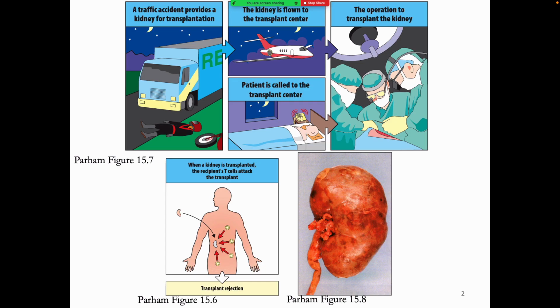So this is an image depicting a transplant scenario. We've got a patient who has usually some type of chronic disease where they are having a problem with a particular organ, and in some cases they may die without that organ. That patient is usually pretty sick and spends a fair amount of time waiting for that organ.